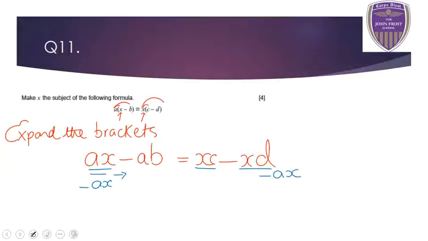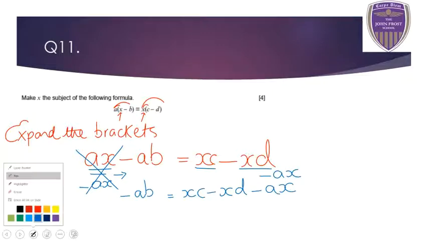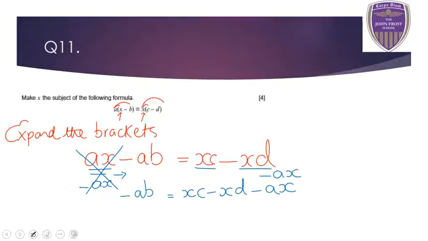Okay, and the reason we do that is because this will disappear. Minus ab is left. xc minus xd minus ax. And then once you've got all the terms on the same side, in this case they're on the right-hand side, minus ab stays the same.